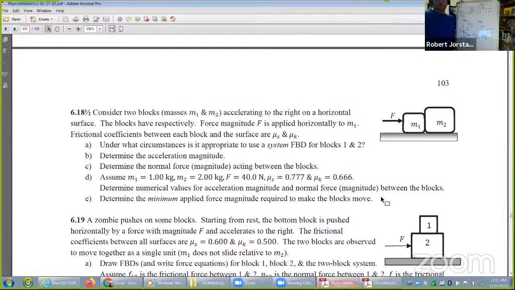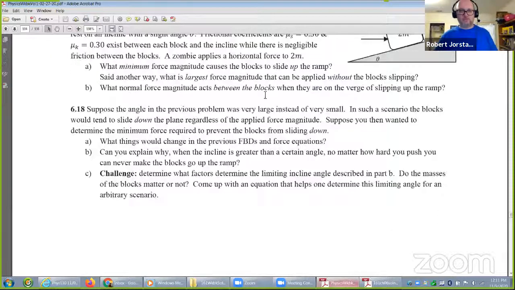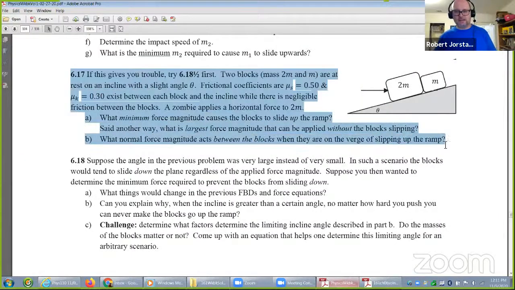All right. So I'm going to let you guys try whatever you want, and I'll let you work on either 6.18 and a half if you're having some trouble, or 6.17 if you're feeling like you're kind of getting this. So I want you guys to try out one of these two problems, and let's see how many people we got here.